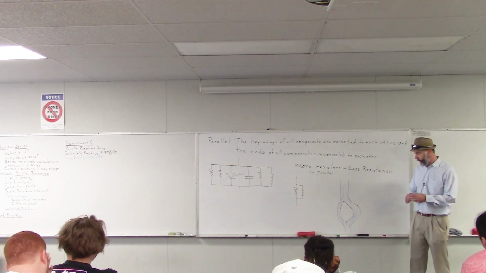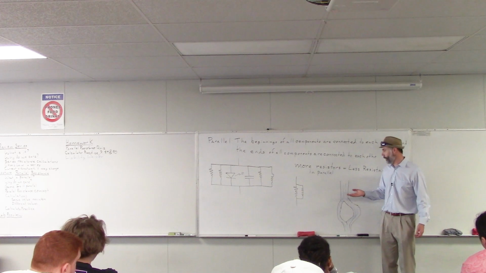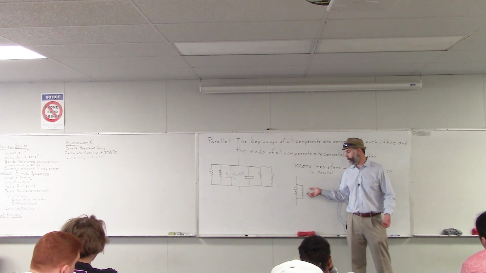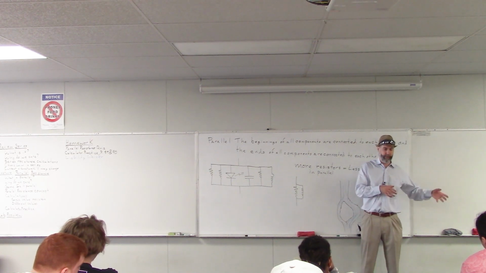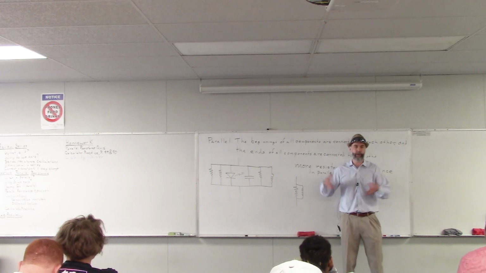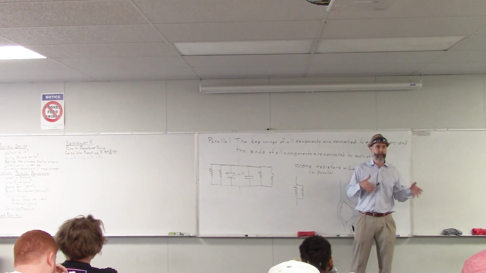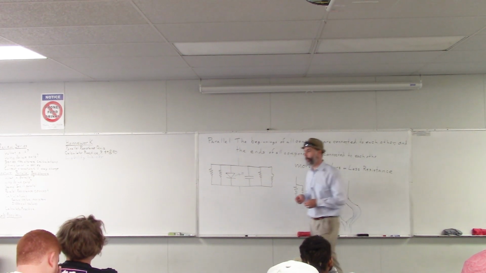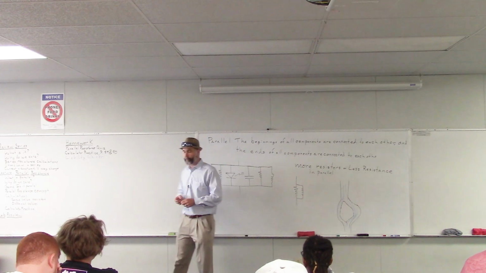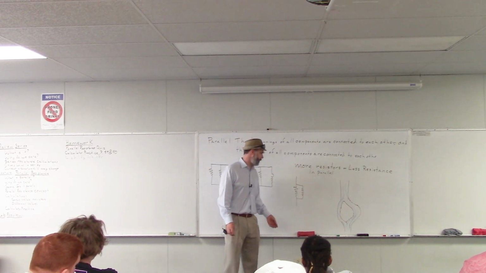Okay? So it's the same way with parallel circuits. If you have two resistors and one of them has less resistance, it's going to get more current. One has more resistance, it's going to get less current. But you're still going to get electricity flowing down both paths. So that's what goes on there.